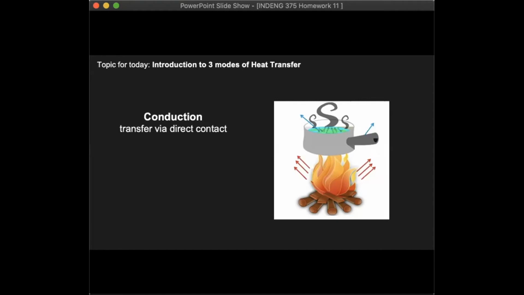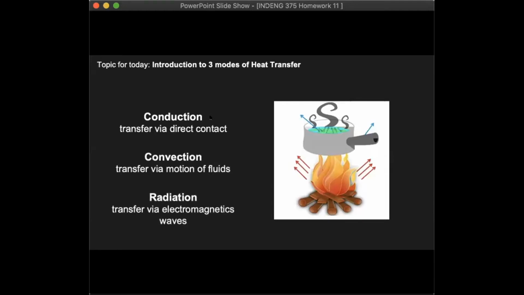So let's go into some definitions. There's conduction, which is the transfer of heat by direct contact between 2 substances. There's convection, which is the movement of heat by motion of fluids. And then there's radiation, which is the energy transfer with help from electromagnetic waves.